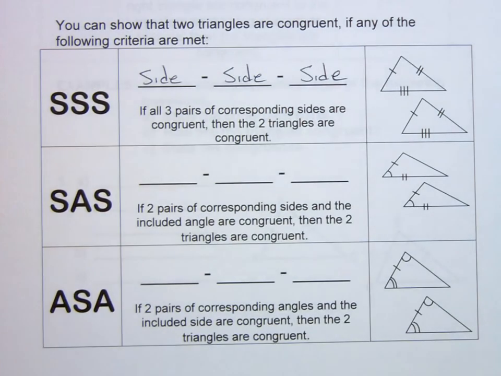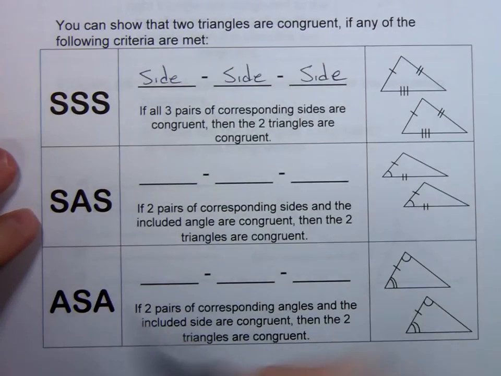Not knowing anything about the angles yet, if we know that all three pairs of corresponding sides are congruent, then those triangles have to be congruent. There's no physical possible way for those triangles not to be congruent. So then once we know they're congruent, then we'll know the corresponding angles will also be congruent. But we don't have to know that ahead of time. We can prove that they're congruent just based on all the sides being congruent.